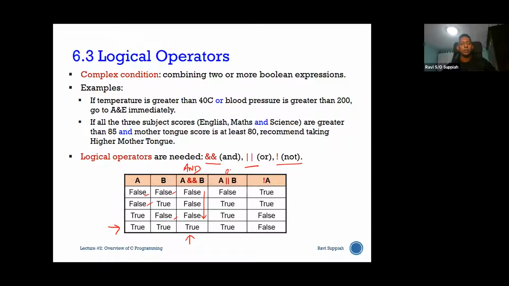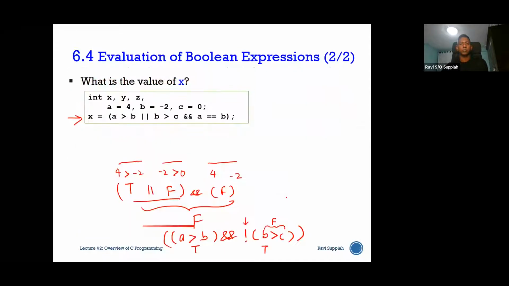For the OR operation, as long as any input is true, the output is going to be true. And the not operation, or the exclamation mark in front, is basically to invert. So false becomes true, true becomes false. These are the basic logic operations that you need to be aware of.